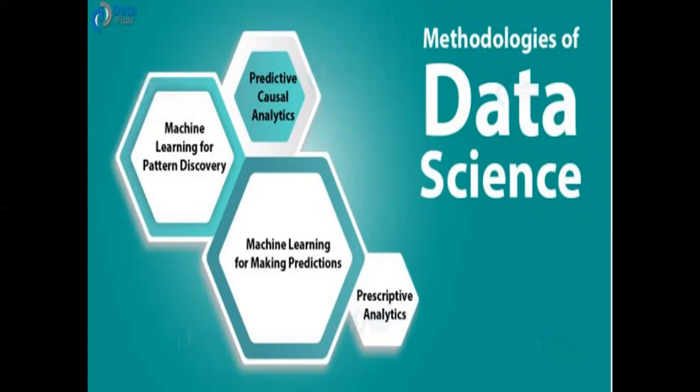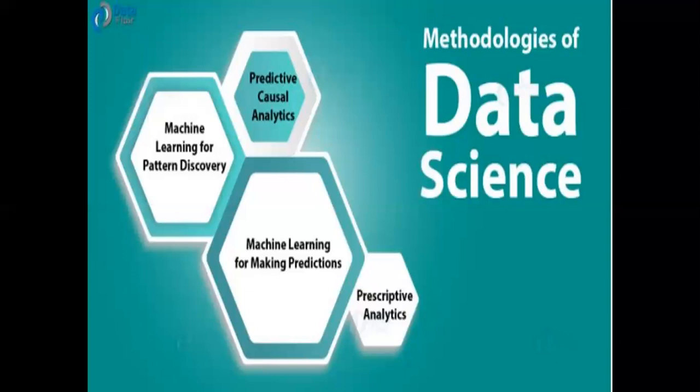So every time you need to predict the data. Prediction is completely dependent on the past data, where some causal analytics will be applied. So here, machine learning techniques and predictive causal analytics both play an important role in data science. Also, the main purpose of the machine learning technique is to make predictions.